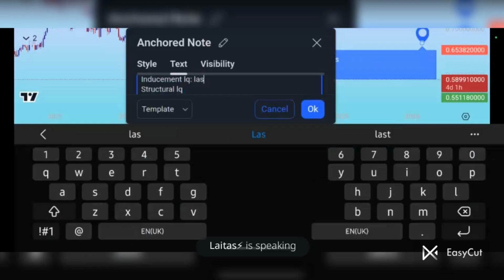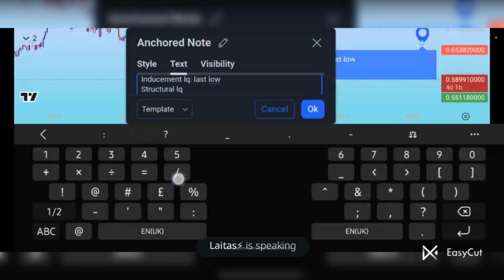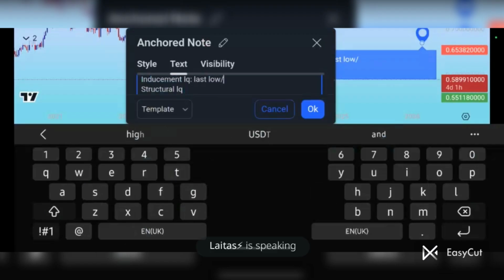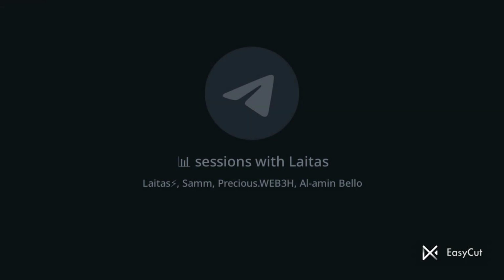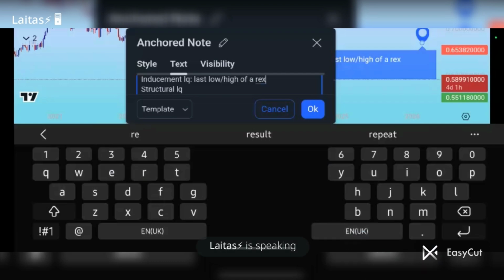Inducement liquidity is the last low or high of a recent break.